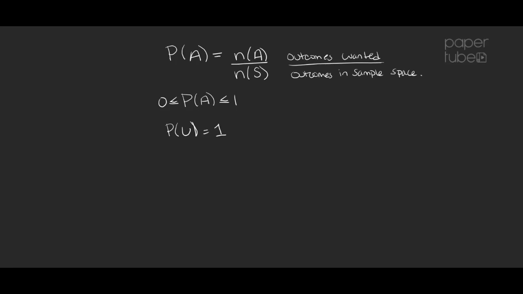2 more probability models that we're going to use in this first part of the chapter. The probability of A or B happening. So this is really helpful, I think, to look at in the Venn diagram.